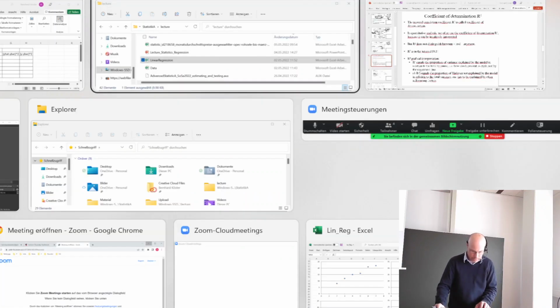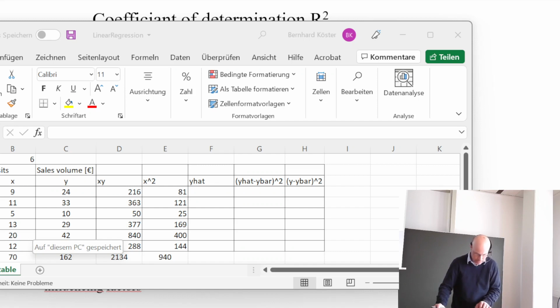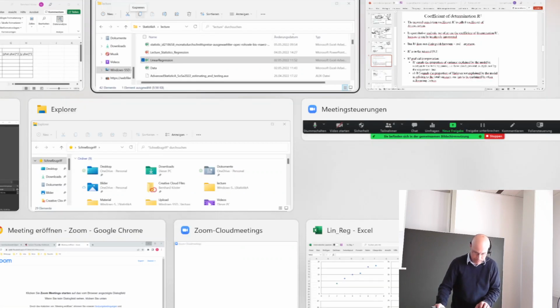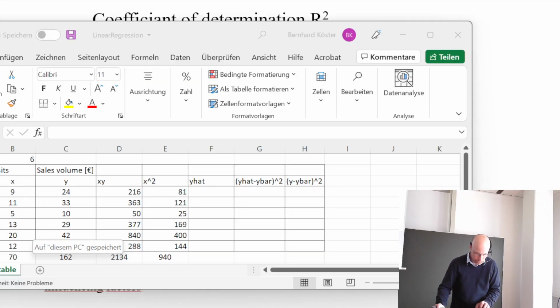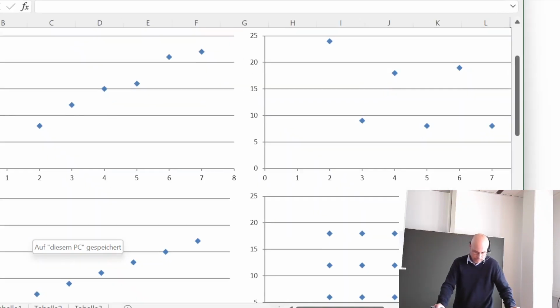And the other file is this one, hopefully. Yes, here we are.